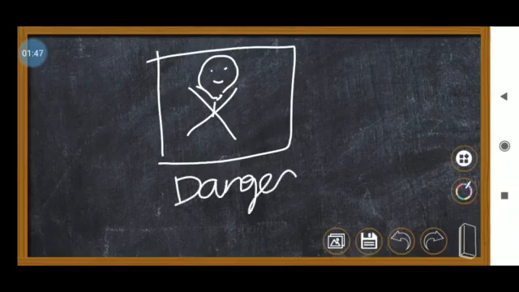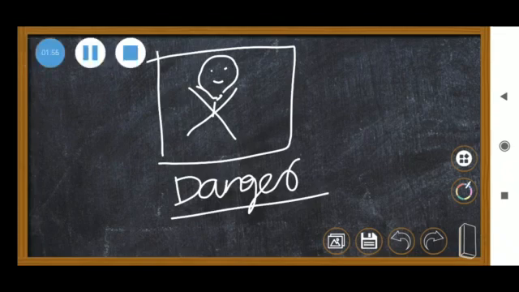Your elders also instructed you not to touch any electric appliances, because they are very dangerous to touch. They also said we should not touch electric appliances with wet hands, because electricity may pass through your body and you may die.